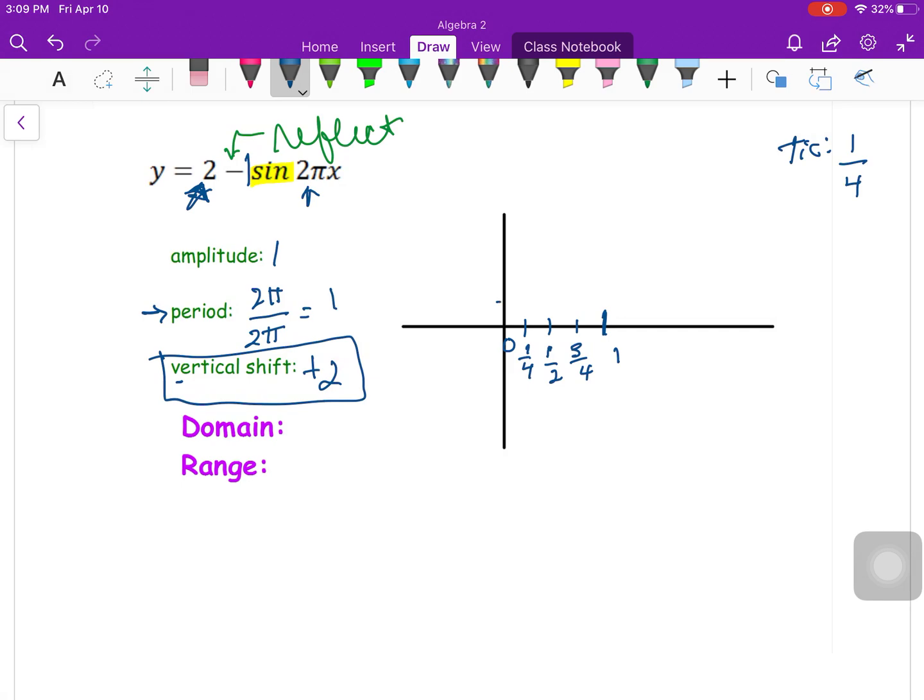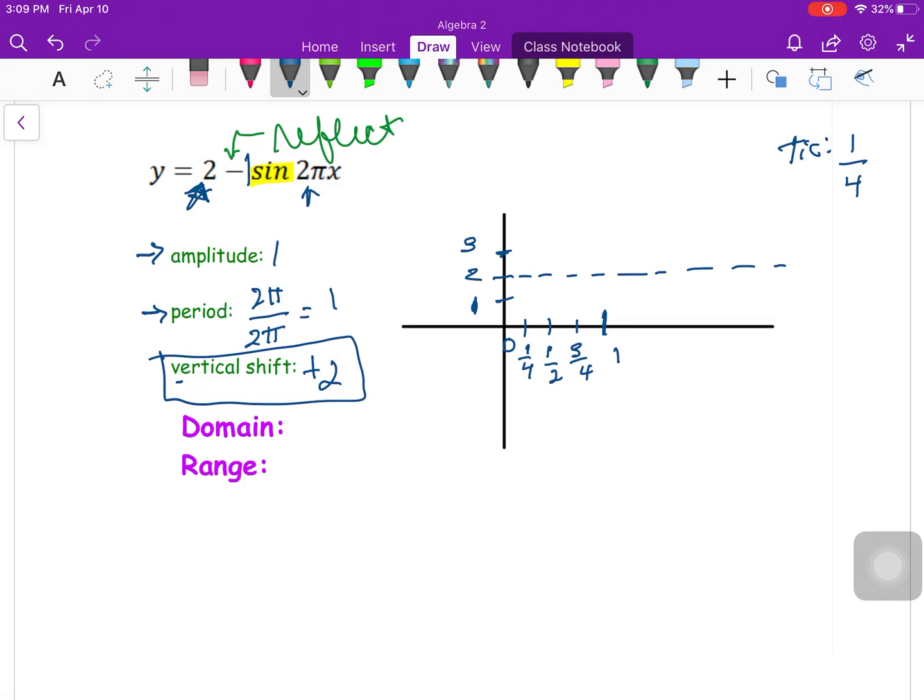Now I do this vertical shift of up 2. 1, 2. And there's my midline. Now I do my amplitude. Up 1 from 2 is at 3. Down 1 would be at 1. And all of my x and y axes are labeled.